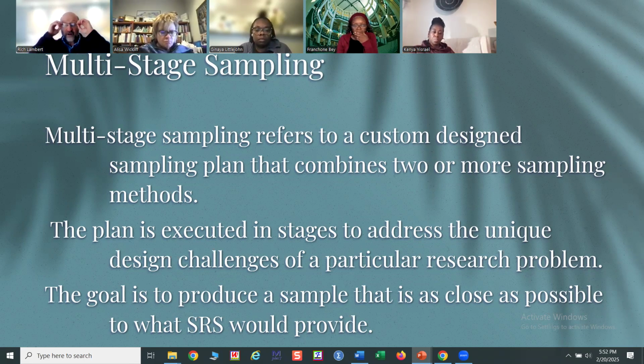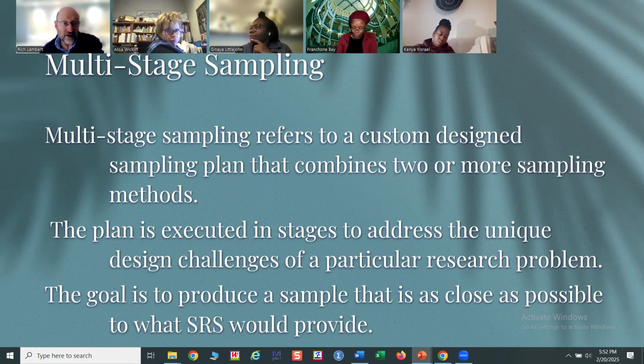So the goal of multi-stage sampling is to come as close as possible to what a simple random sample would have given you, but you're having to creatively come up with a strategy for getting as close to what a simple random sample would have done had you been able to do it. But you're in a situation where you can't do a simple random sample because there isn't a list.